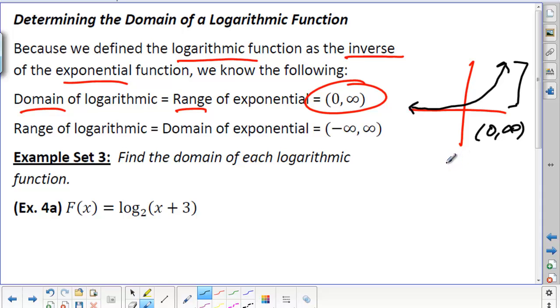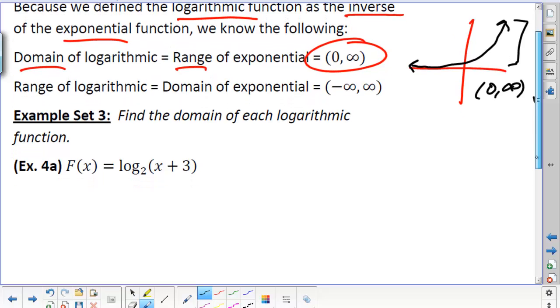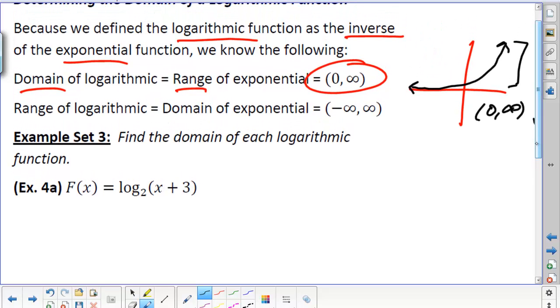And so what that tells us is that when we're dealing with logarithmic functions, the only numbers that work for the domain are values that make this piece right here positive.